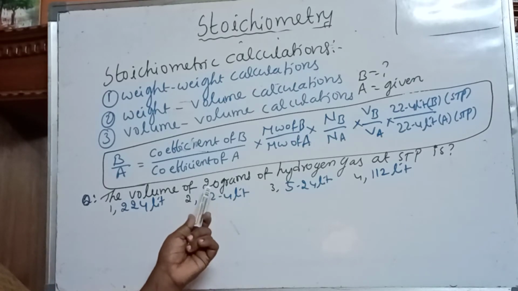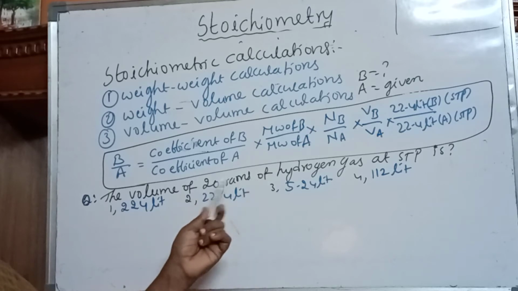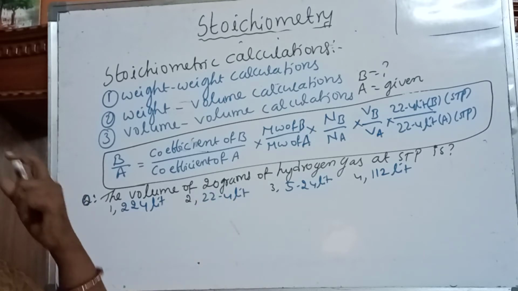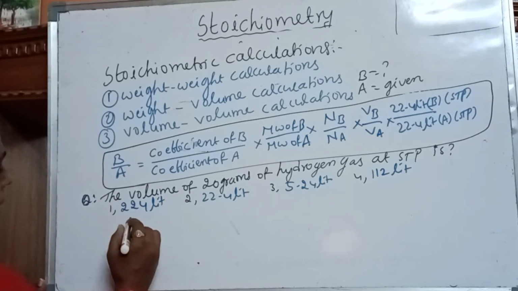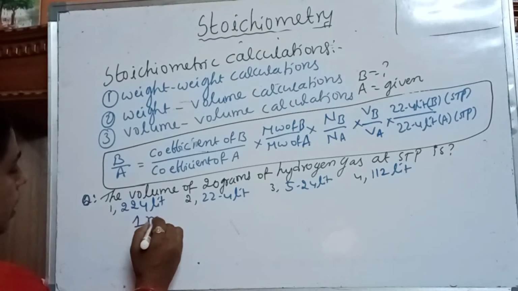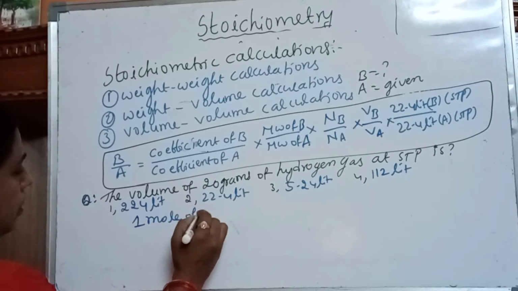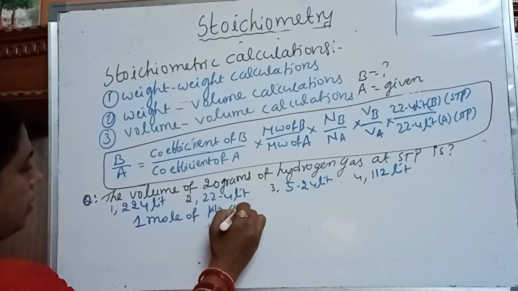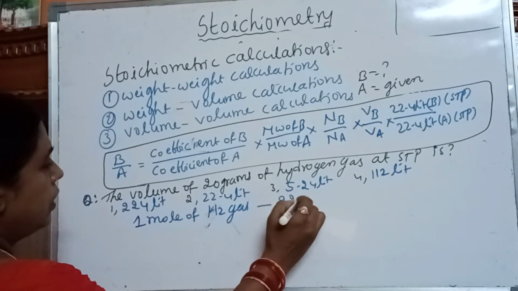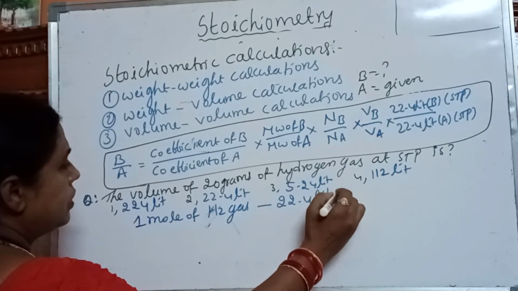In this problem, the weight of hydrogen gas is given, so first of all, the concept is that 1 mole of any gas, take hydrogen gas, occupies 22.4 liters of volume.